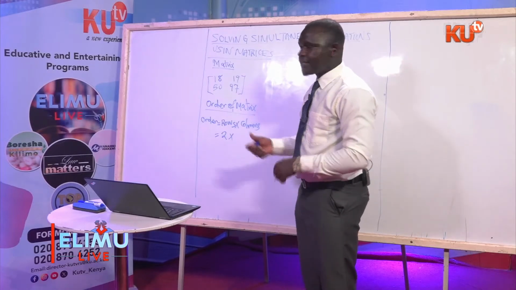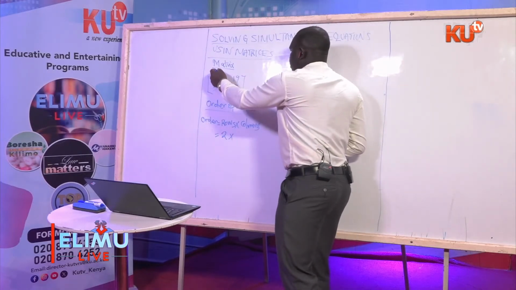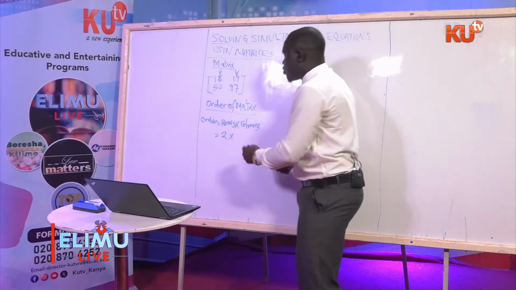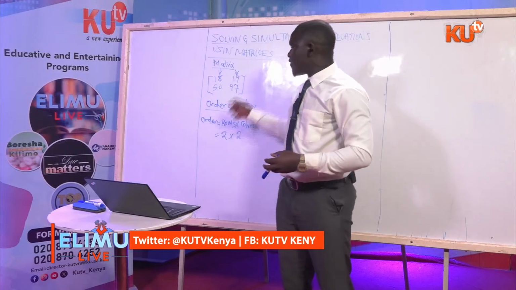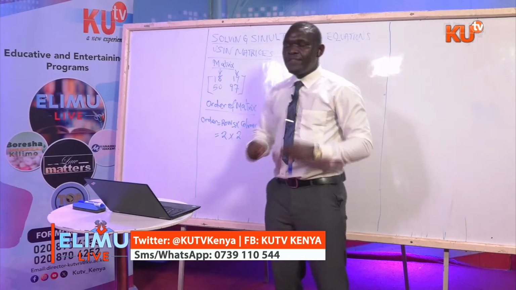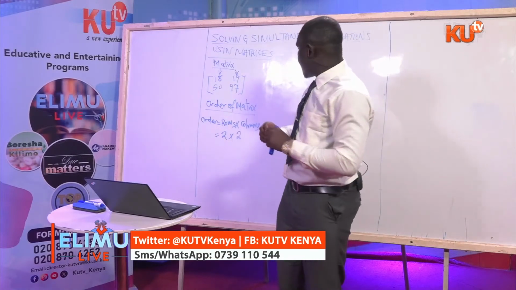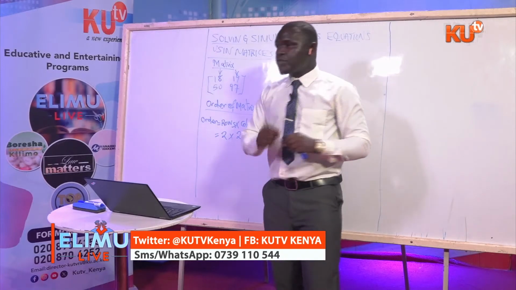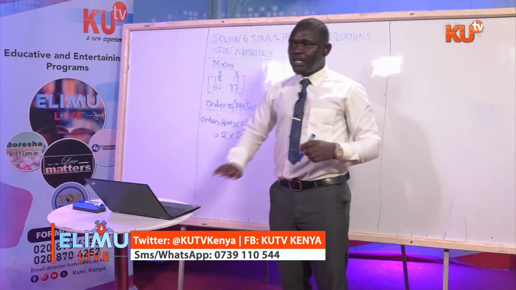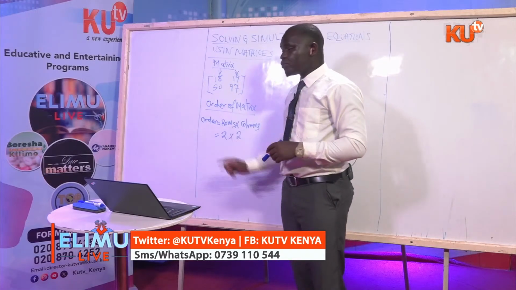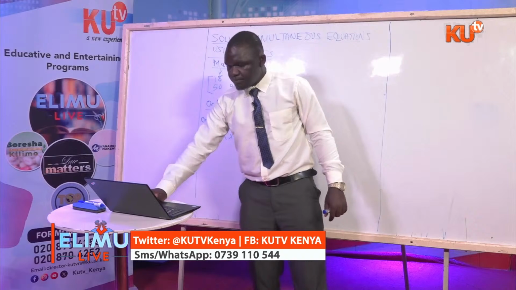Excellent, learners. We have 2 columns here. So the order of this matrix is 2 by 2, because it's made up of 2 rows and 2 columns.